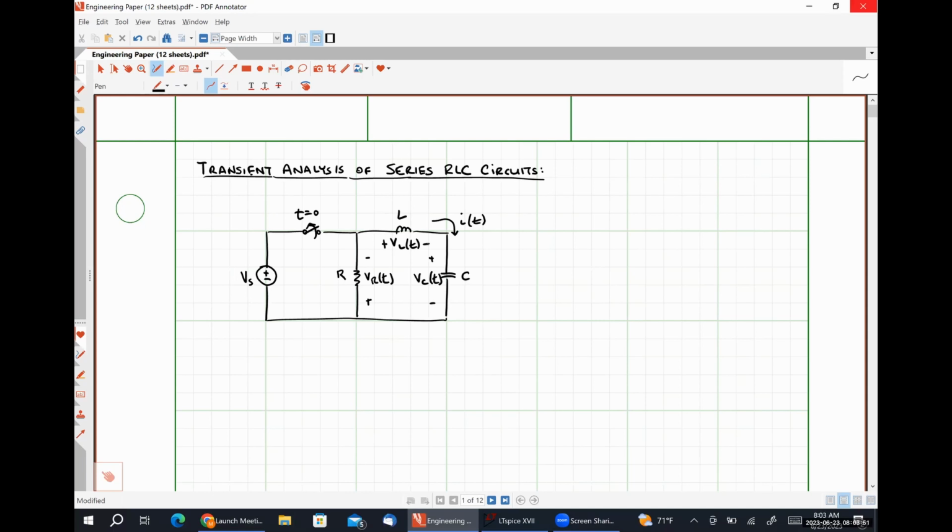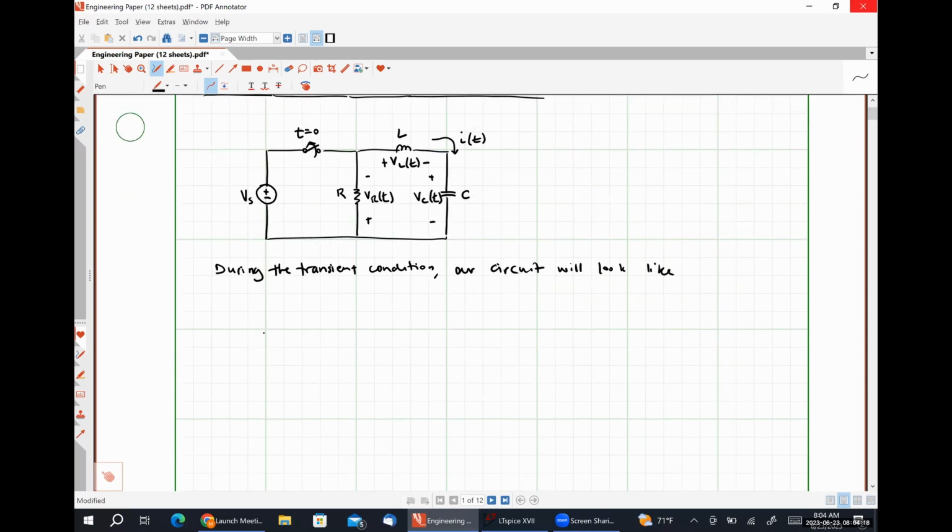So during the transient condition, our circuit will look like this, where our voltage source is effectively disconnected from our RLC network.